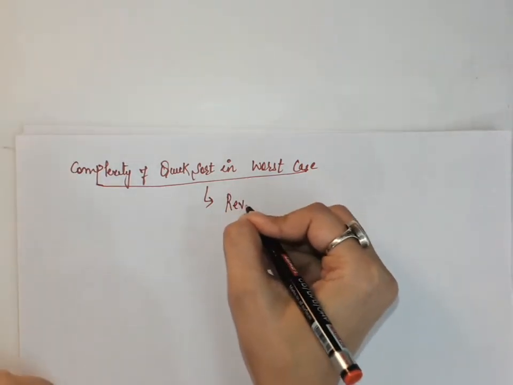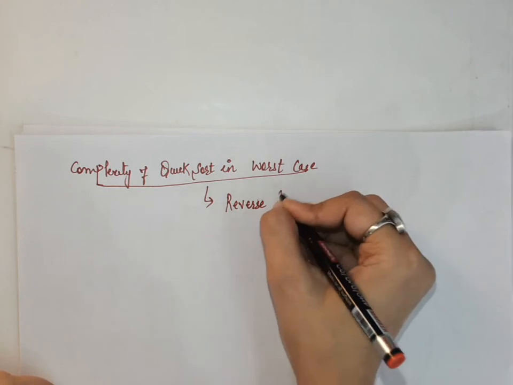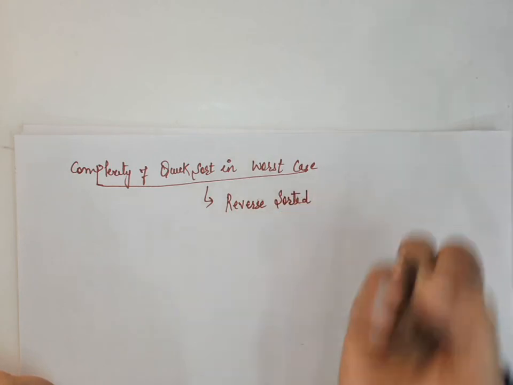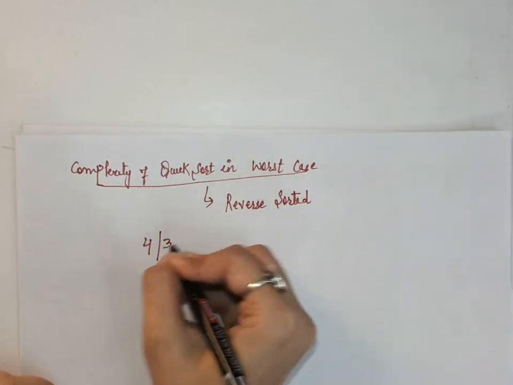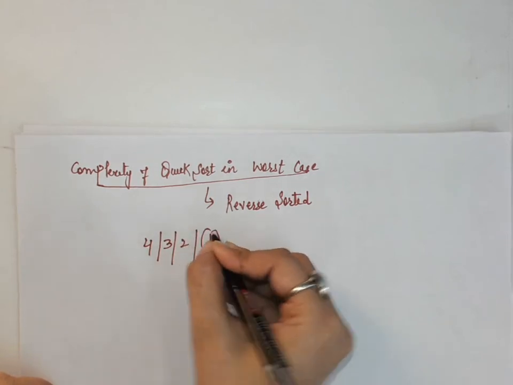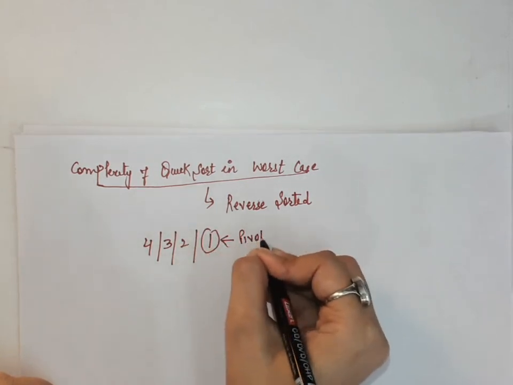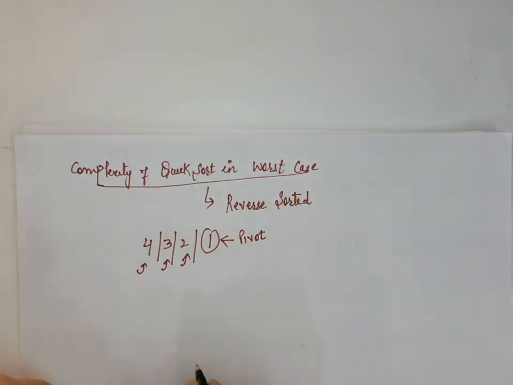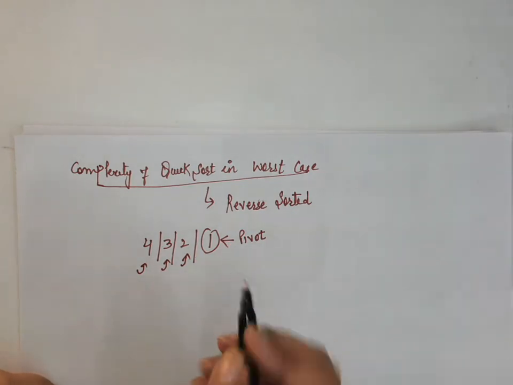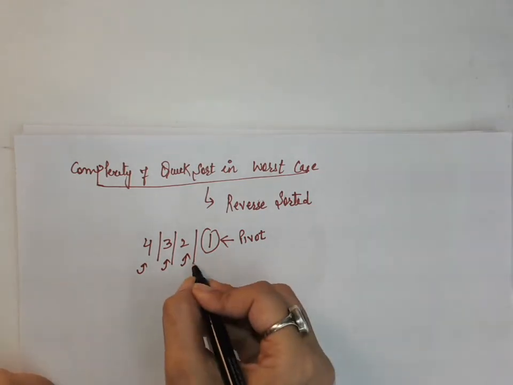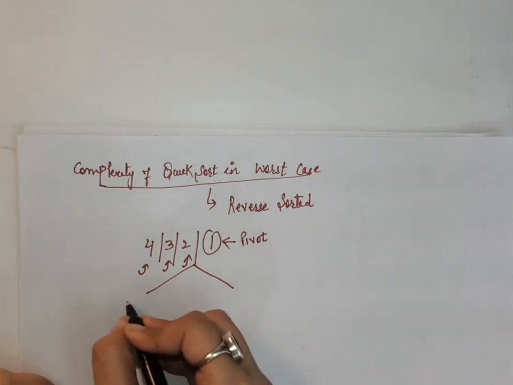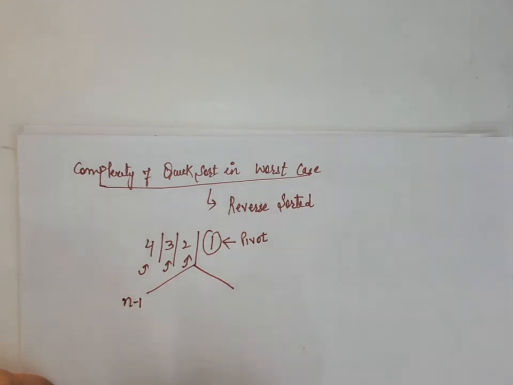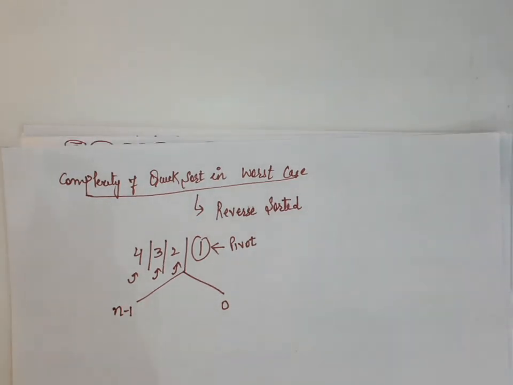When the list is reverse sorted. Suppose we have an array 4, 3, 2, 1. Suppose I have taken 1 as the pivot element. Each time my j will be incremented by 1, so my pivot element will be the same, so no change will be there. So each time I am getting a list of n minus 1 elements and 0 elements when I am iterating my procedure.